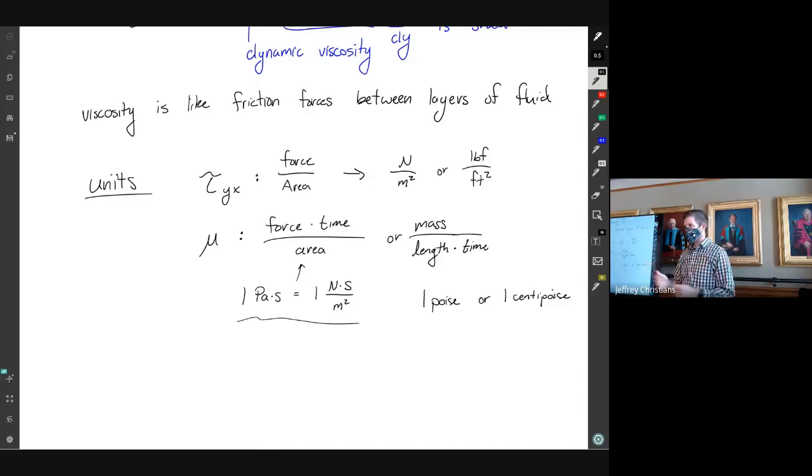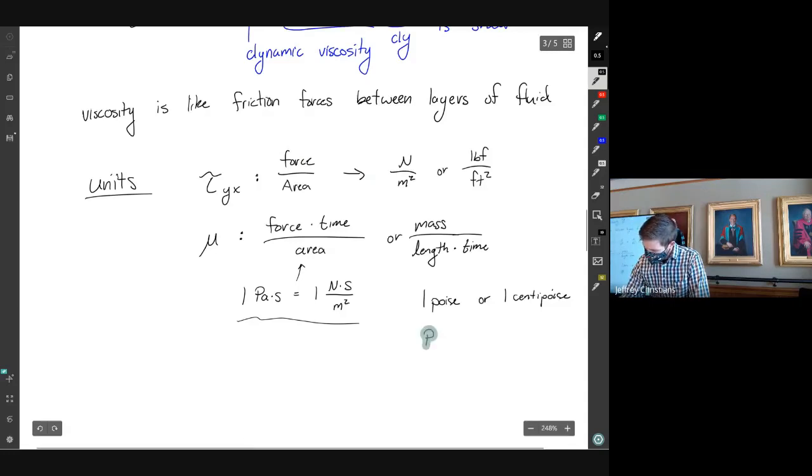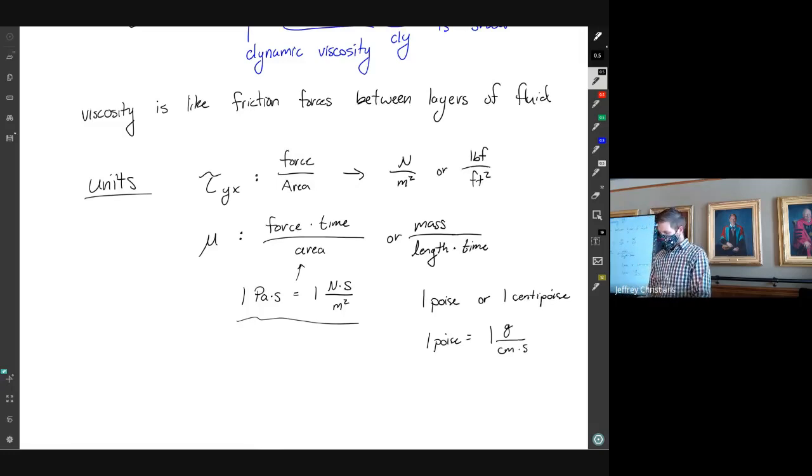So you could say something has a viscosity of 3 centipoise, or 0.28 centipoise. It's a unit that you might come across. 1 poise is equal to 1 gram per centimeter second, which is a mass divided by length times time.